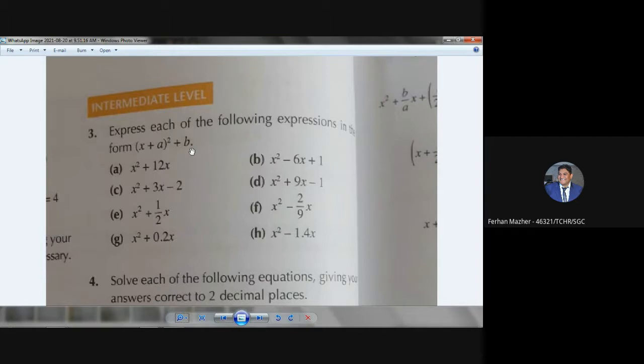They will always tell you to represent your quadratic expression in this special form: x plus a whole square plus b. Maybe sometimes, though I have never seen it, they may ask you to apply completing the square.